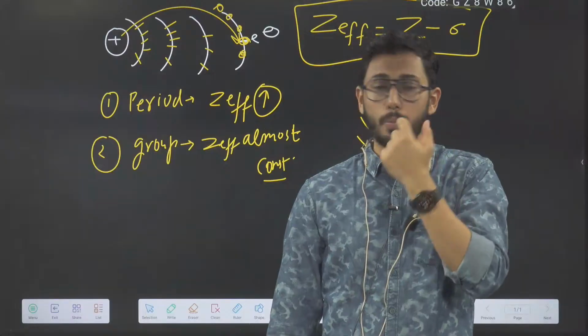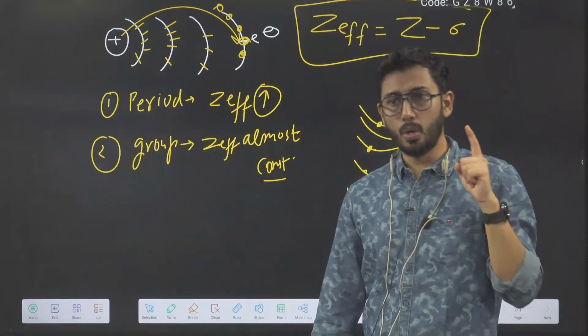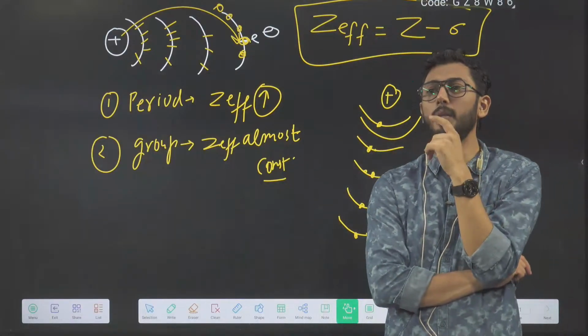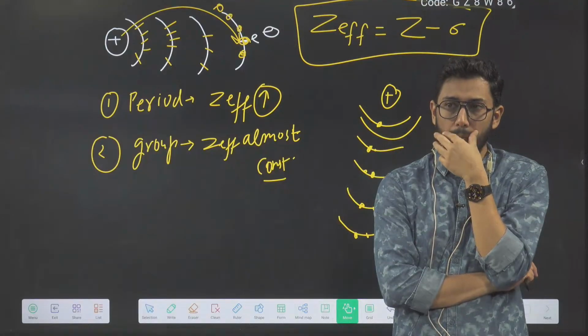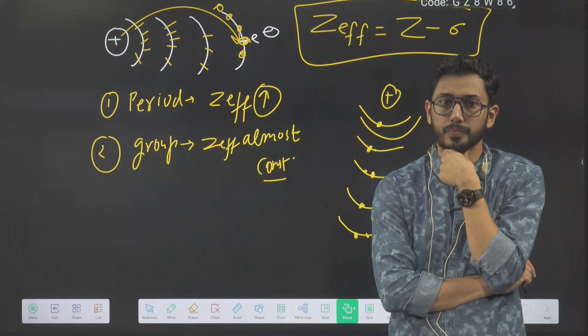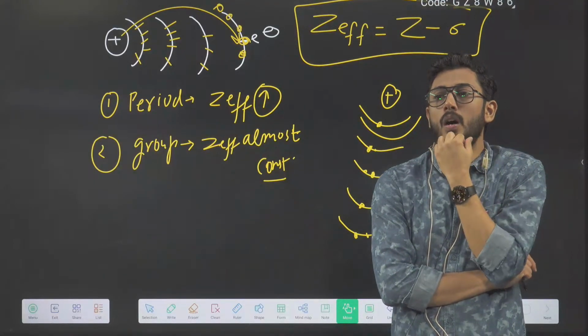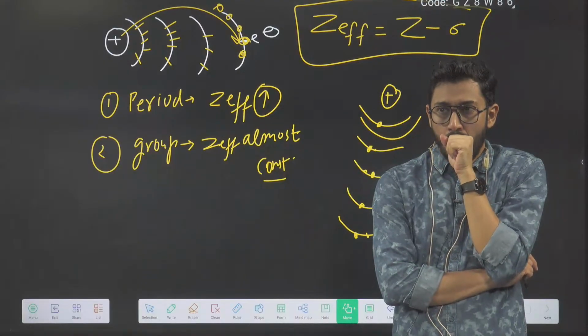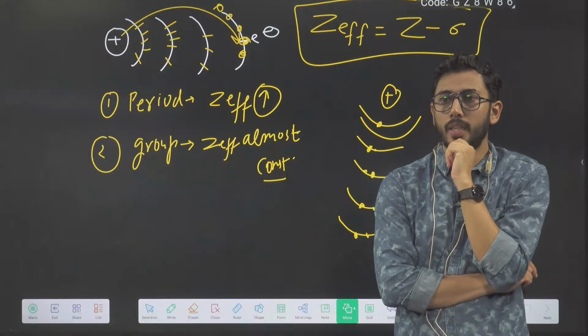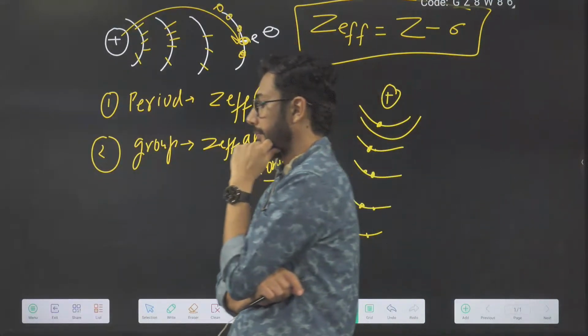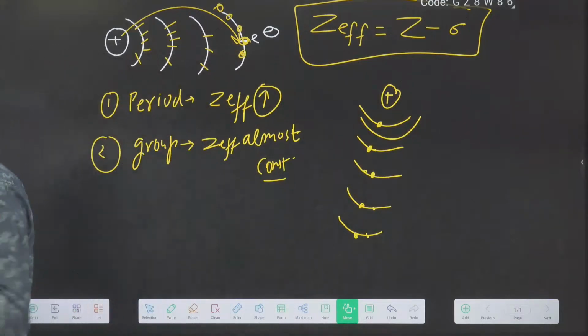Then we have discussed atomic radius. Three types we have discussed. Covalent. Achha, before that, any point you want to ask? Up to Z effective in the notes. Up to Z effective, you want to ask any point? Bolo. Till Z effective.